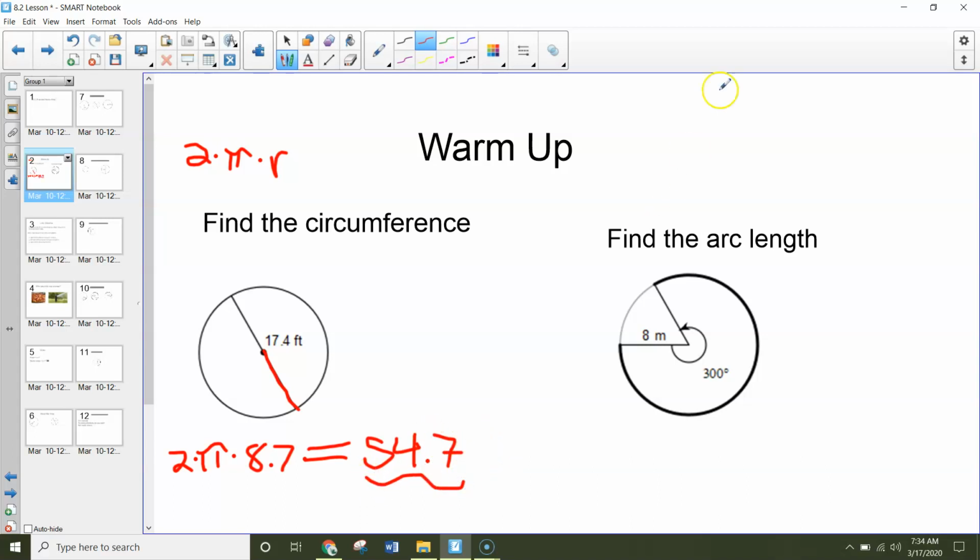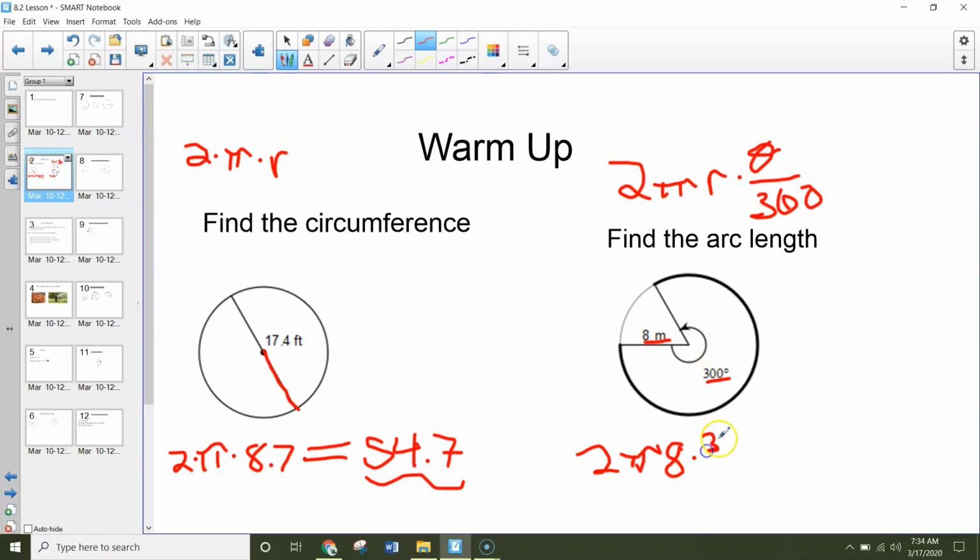Okay, to find the arc length, remember this is 2 times pi times radius times the angle over 360. So I've got 2 pi, my radius here is 8, my angle is 300 over 360.